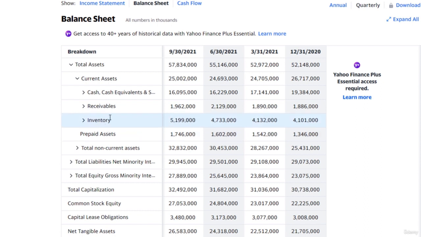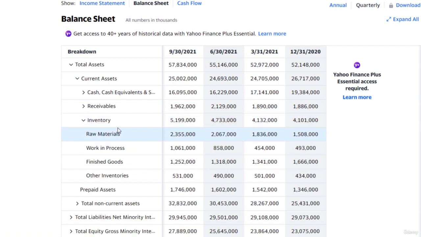Now, in inventory, you can even break that down further. We click on that, and you can see inventory is basically broken up into three buckets: raw material, work in progress, and finished goods. Working backwards, a finished good would be the car is done. If that brand new Tesla Model 3 has rolled off the line and is headed to the dealership ready to be sold. Work in progress means they're in the process of finishing that good. And then raw materials would be just the basic raw materials, something like metal or rubber, for example.